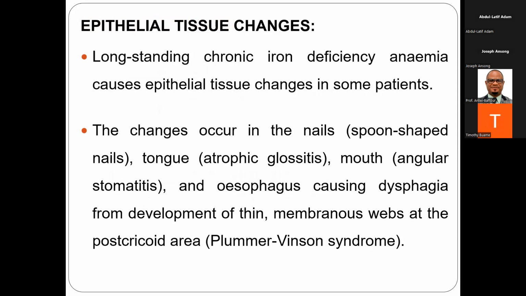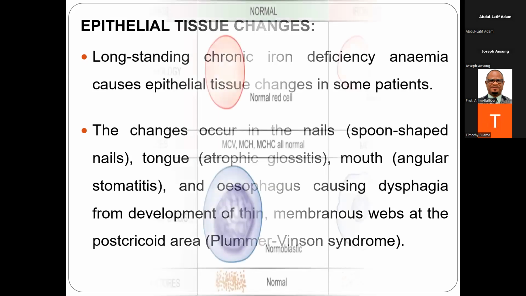In the mouth, there's angular stomatitis, and in the esophagus, there is difficulty in swallowing because tissues called membranous webs develop in the esophagus.